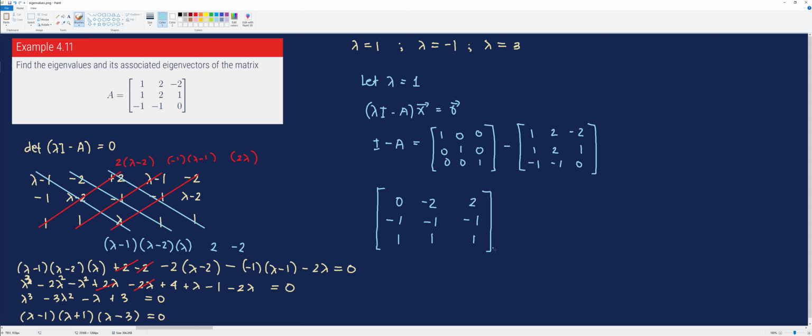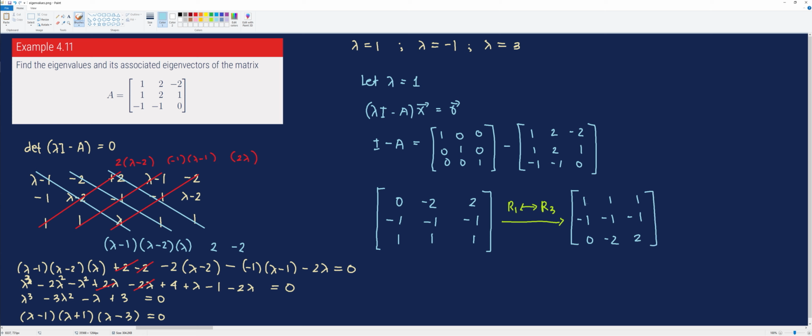So we now have this new matrix. The next step is to reduce this matrix into the reduced echelon form. The first operation I will use is switching the third row and the first row, R1 and R3. So our new matrix will be 1, 1, 1, negative 1, negative 1, negative 1, and 0, negative 2, and 2.